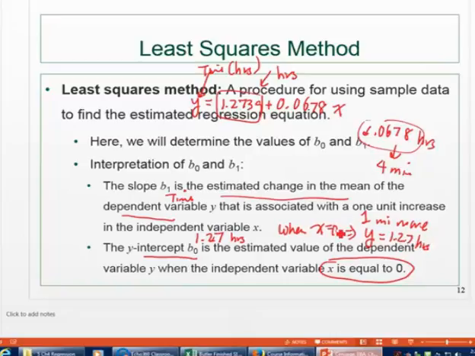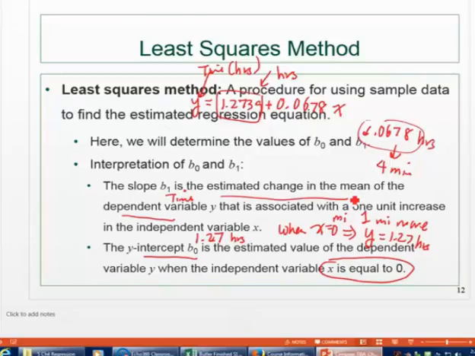Now, x would be how many miles you travel. So does that make sense? If you don't have to travel at all, if there are 0 miles, then the driving time will be 1.27 hours. But you could perhaps interpret this as a time that is not related to driving, not related to the number of miles.